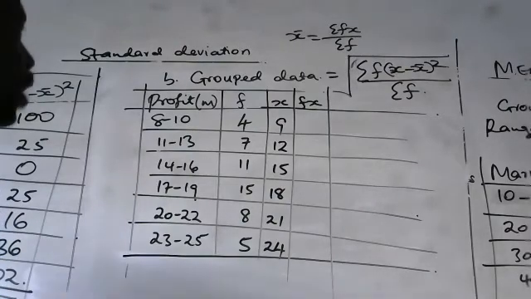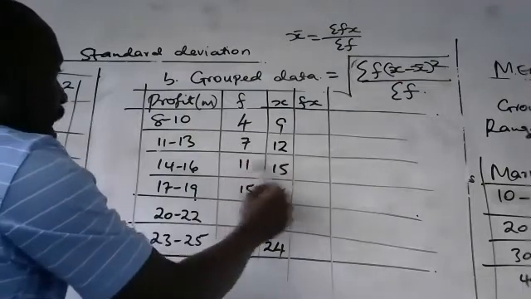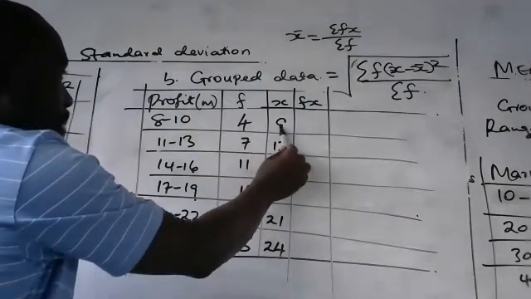Having done that, we can now get our fx, each value of f multiplied by x.